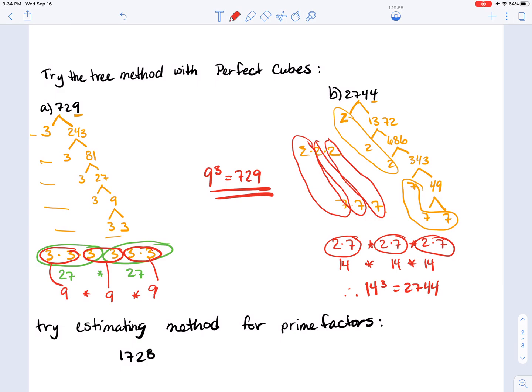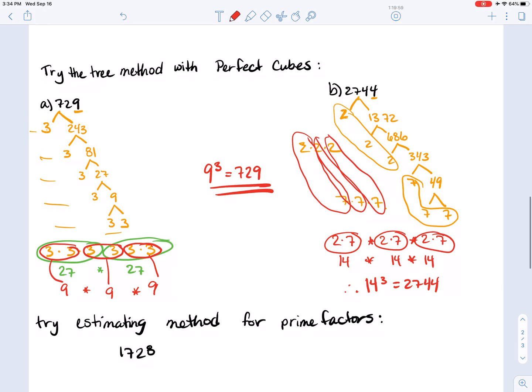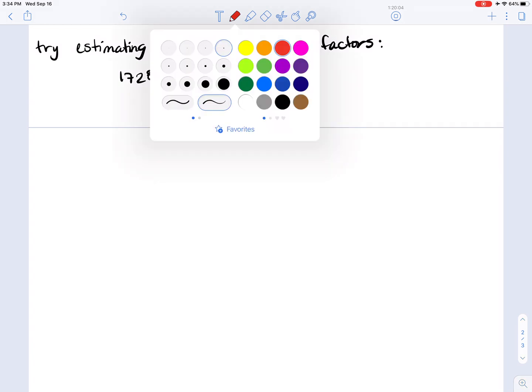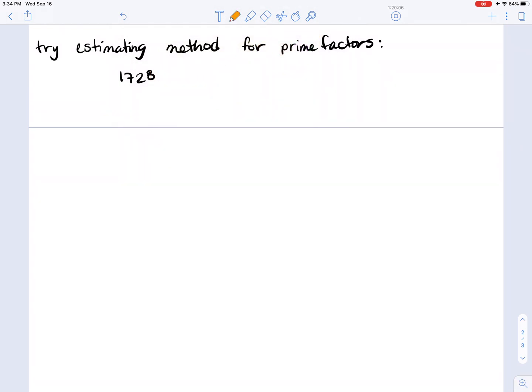Now, what happens if we're asked to do it by the estimating method? Well, let's look at 1728 for our example. Now, with 1728, I am going to do it by estimating.